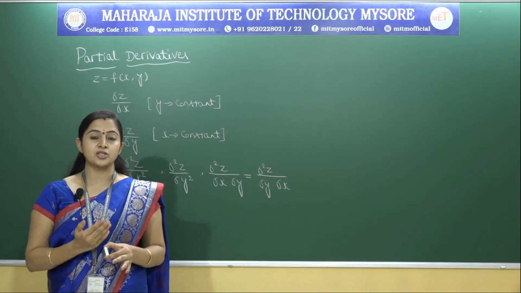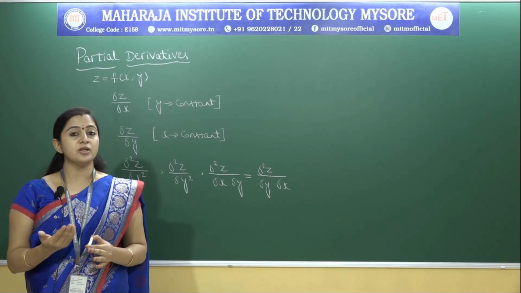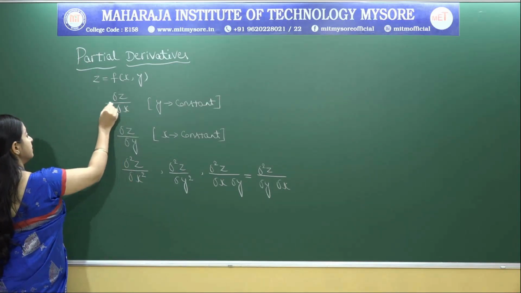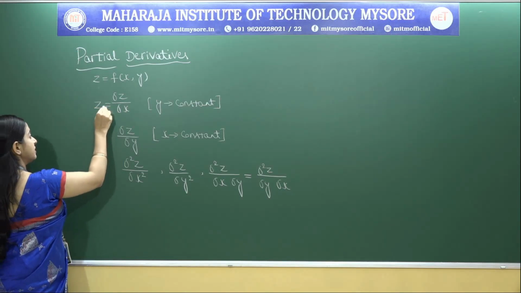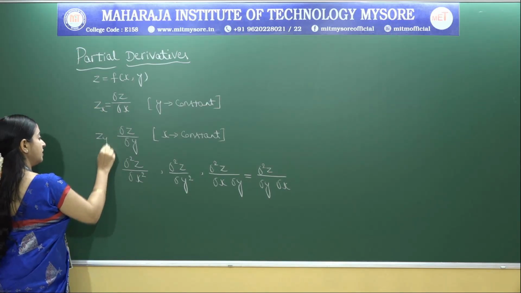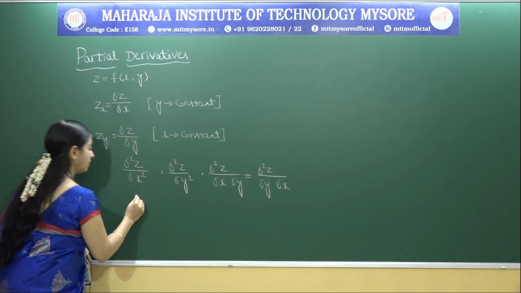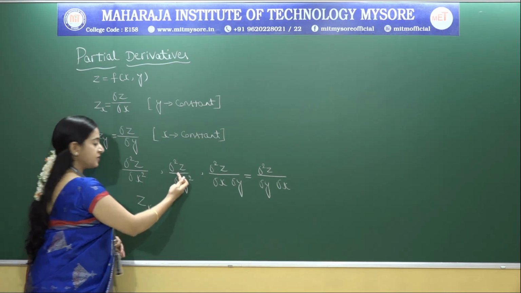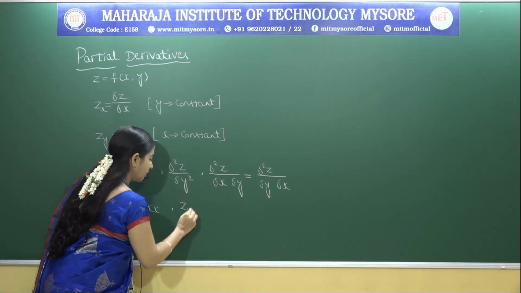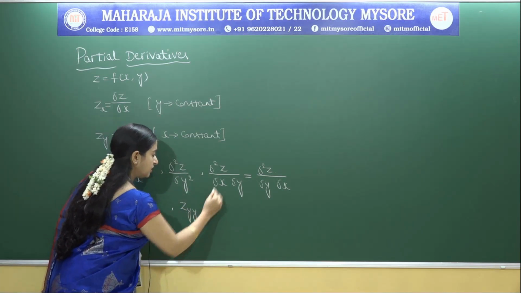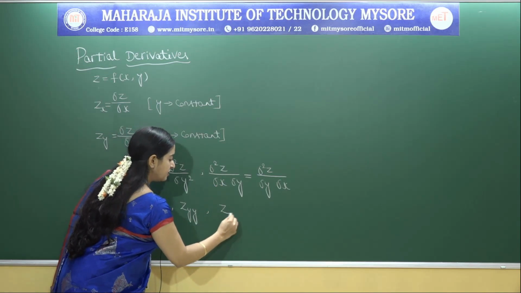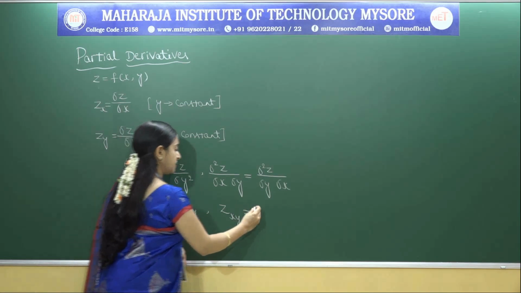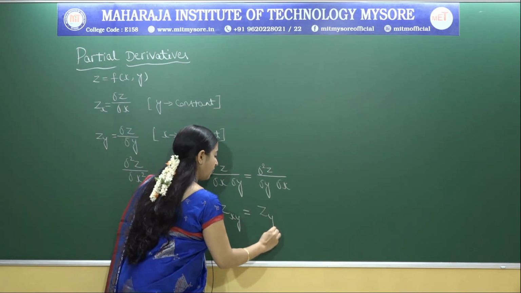These can also be denoted as zx and zy, zxx, zyy, and the third one zxy, which is the same as zyx.